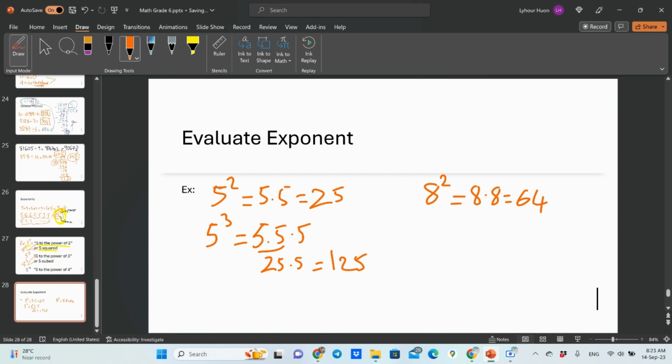What is this called and what is this equal to? Is it like 121? 121.